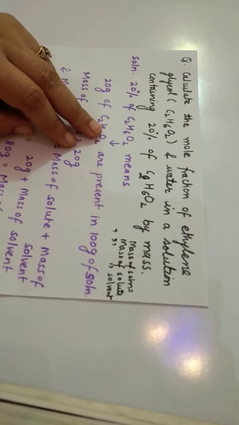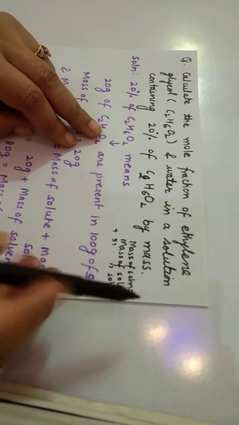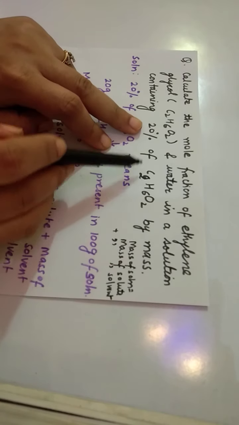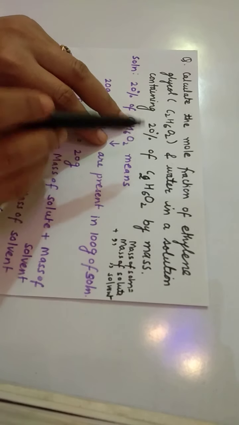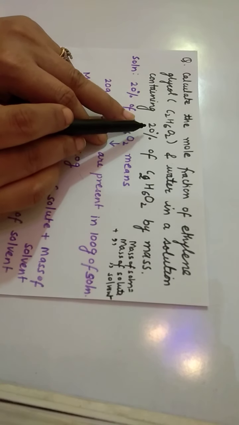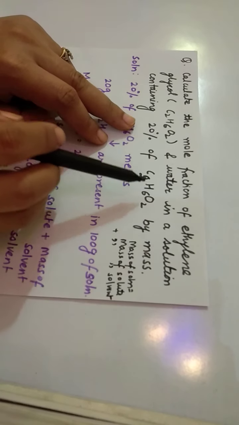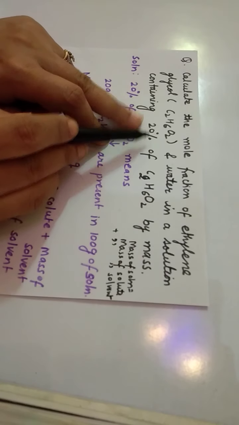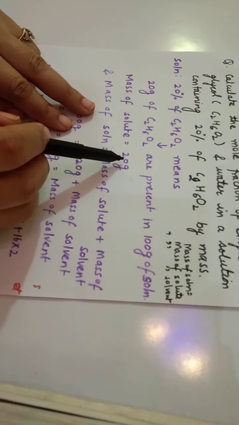If it is percentage, then we will always consider the mass of solution 100 gram. You can see ethylene glycol in water. It means ethylene glycol is 20%, which is less, so the solute is ethylene glycol. So you convert percent into gram. It will be 20 gram of ethylene glycol.